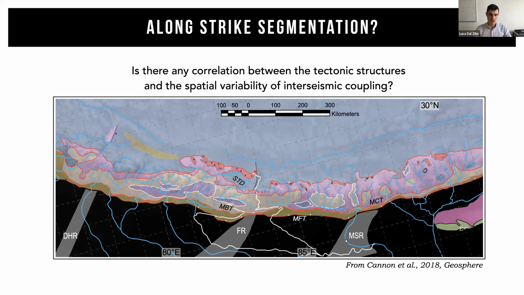These ridges were created much earlier than the Himalayan origin, and they represent a failed rift attempt within the India plate in the past. These are inherited structures that are now subducted beneath the Himalaya, and they seem to coincide with the regions where we have low coupling.